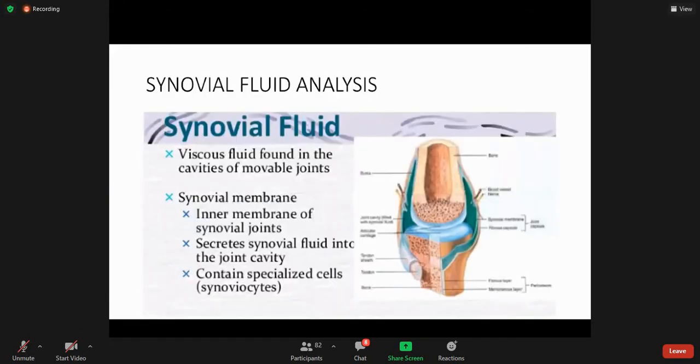So basically, starting with a short overview introduction. What is synovial fluid? You all know that it's a viscous fluid found in the cavities of the movable joints. Okay? The word synovium has arisen from the egg. All of you know the consistency of egg white.